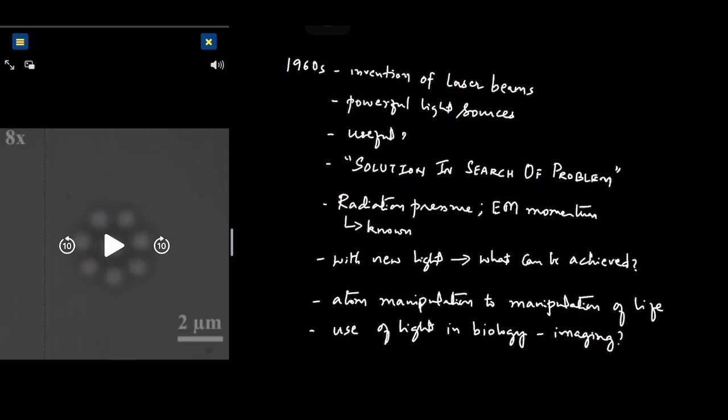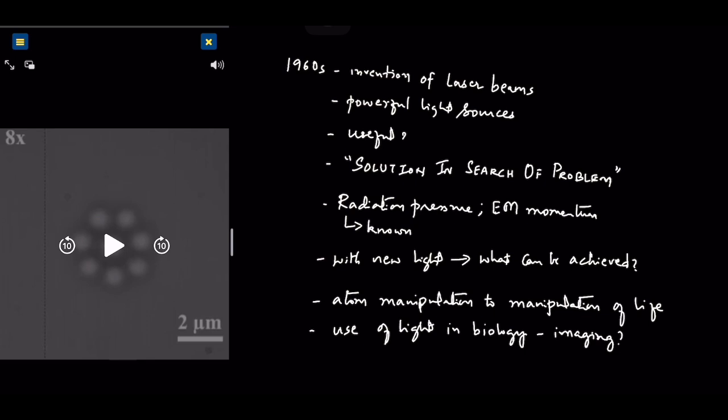The understanding of radiation pressure and electromagnetic momentum was very well known during that particular time. So with this new light, the question was, what can be achieved? Can we really understand something more than what is already there? Can these light sources be used for certain applications? One of the very interesting aspects was to look at atomic manipulation, where you can trap and manipulate atoms.